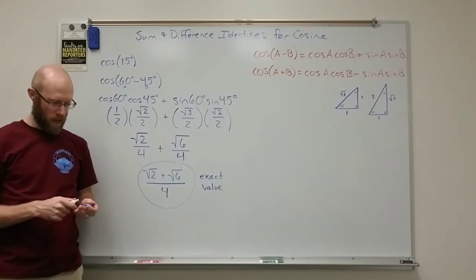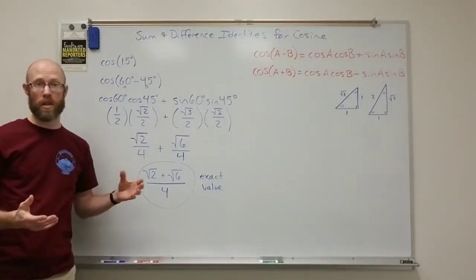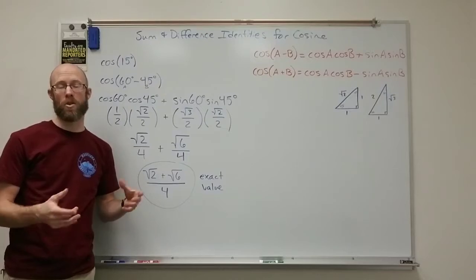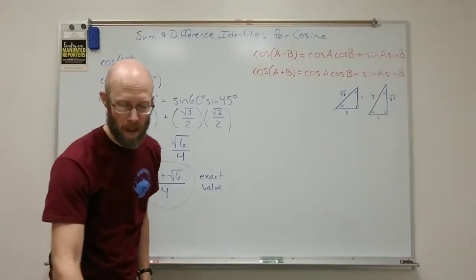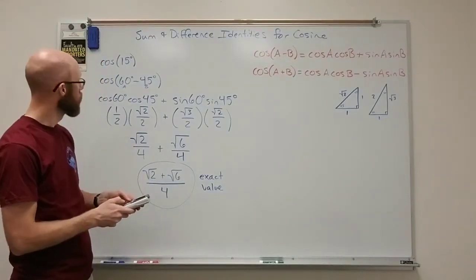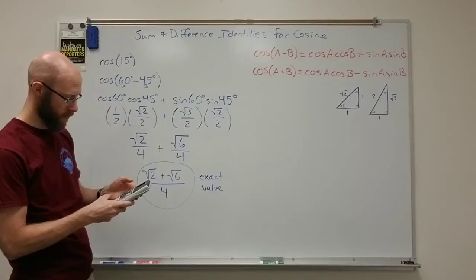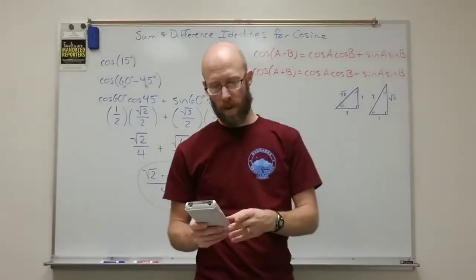All right. Now, I can verify that this works by using the calculator and getting the decimals and just showing you that it all works out well. Okay, so I'll use the calculator and make sure I'm in degree mode, which I'm not. Let's get it in there. Okay, I'm in degree mode now.